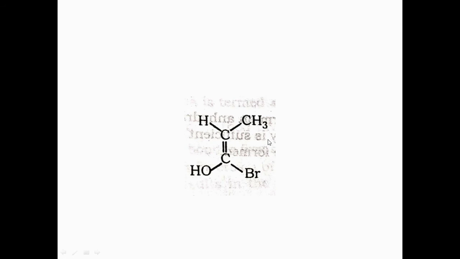This is the second example. In this case, the carbon is directly connected with carbon and hydrogen. The atomic number of carbon is 6 and hydrogen is 1, so we give priority 1 to carbon and priority 2 to hydrogen. Then compare bromine and oxygen.